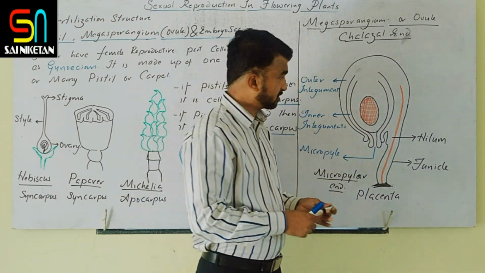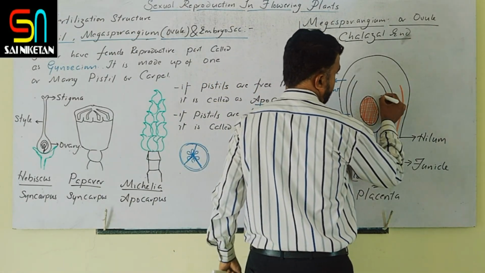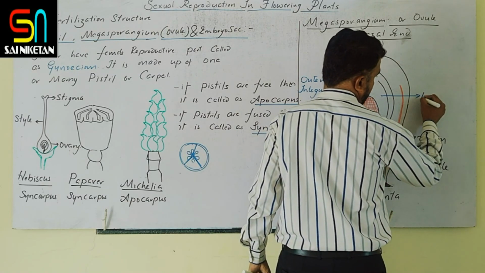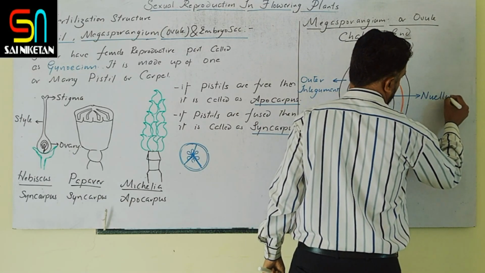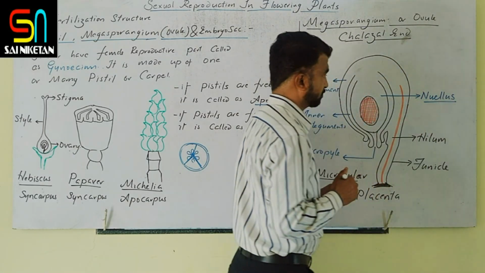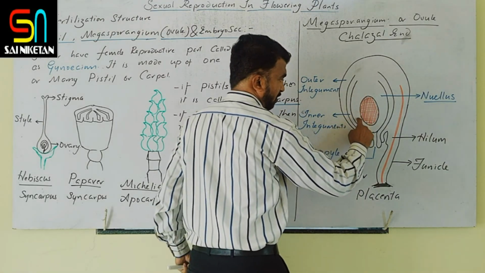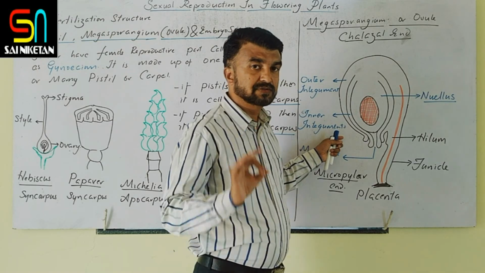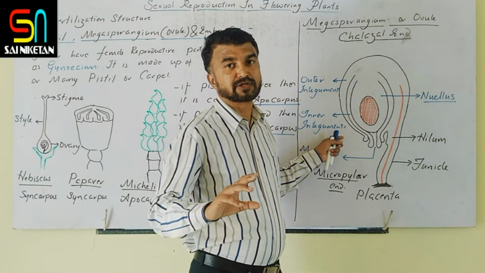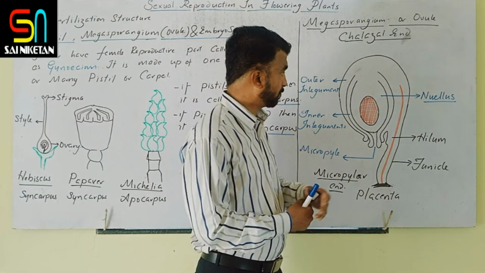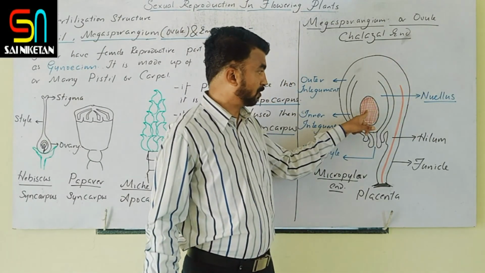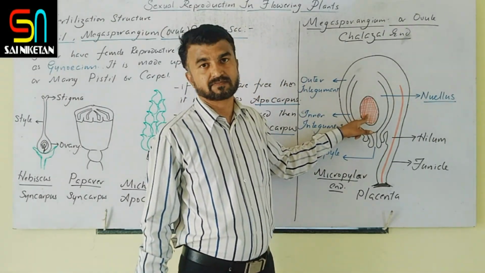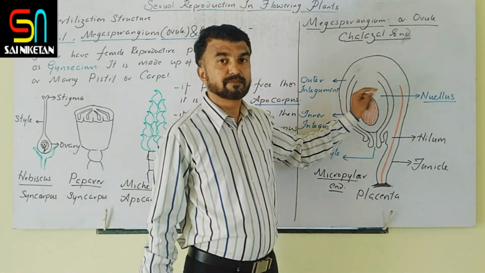Clear? And just below the integument, this thick layer is called the nucellus. So this region is called the nucellus. The nucellus acts as a nourishing tissue, providing nourishment for the developing embryo cell.